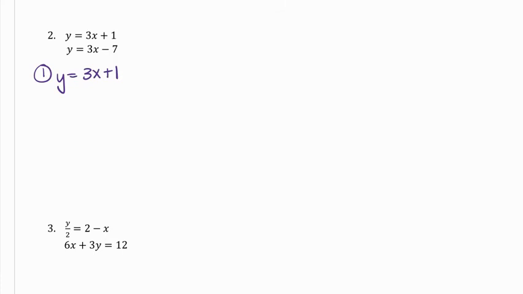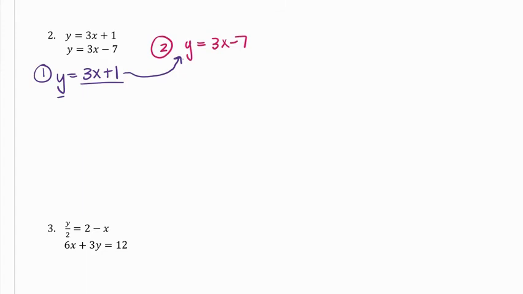That's done. Okay, step number 2 is now I'm going to take the other equation, which is y equals 3x minus 7. And we're going to substitute in what y equals, right? So we've got this 3x plus 1. I'm going to plug that in for the y because this says y equals.